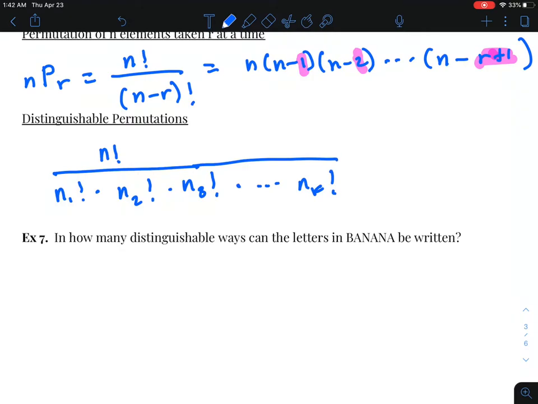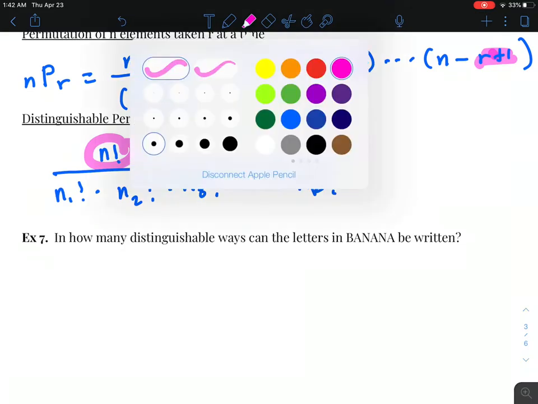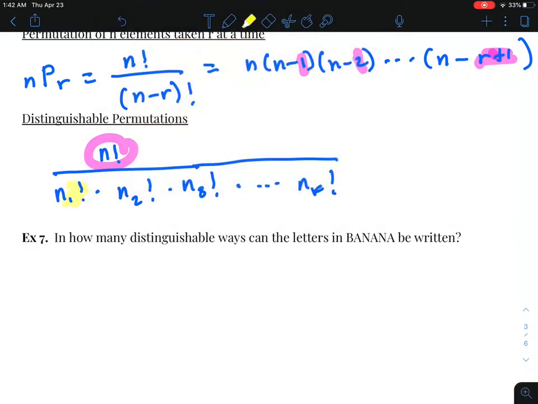This n at the top is primarily talking about the amount of elements that are in there. Down here, this is talking about how many times each separate one appears. We'll look at this in the example coming up.